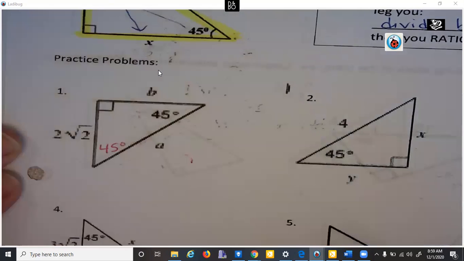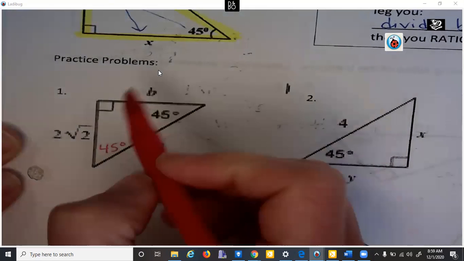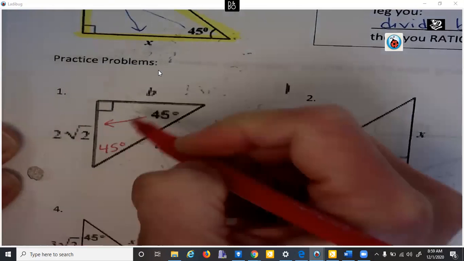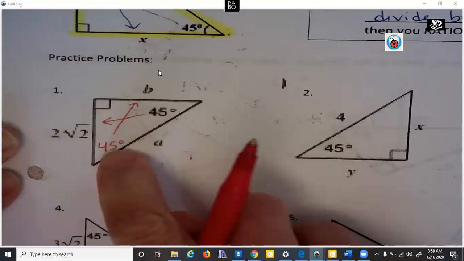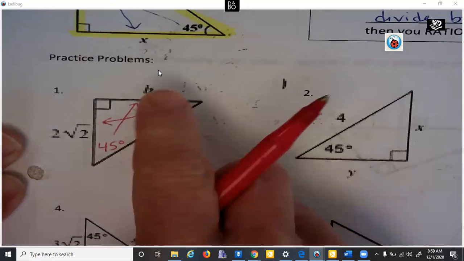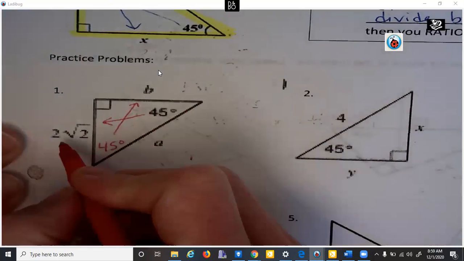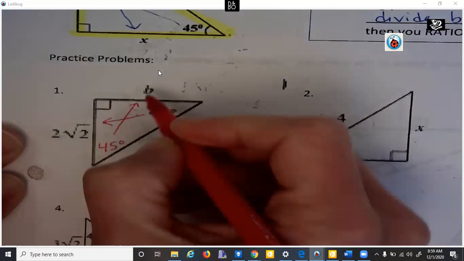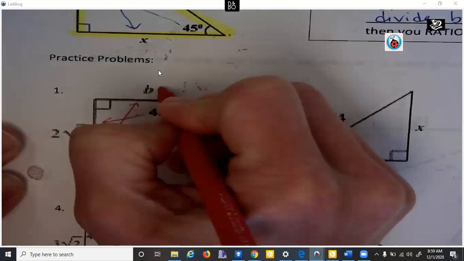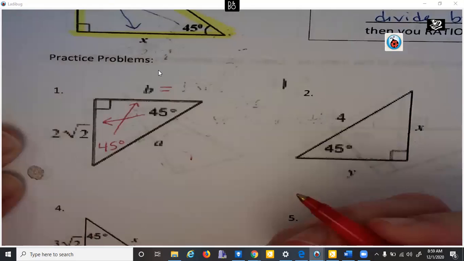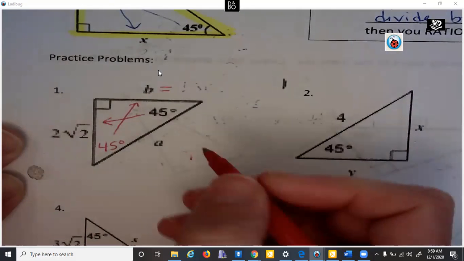I know that these two sides are going to be the same because these are both 45 degrees. So the side lengths are going to be the same. So if this is 2 root 2, what is the value of b? The same, 2 root 2.